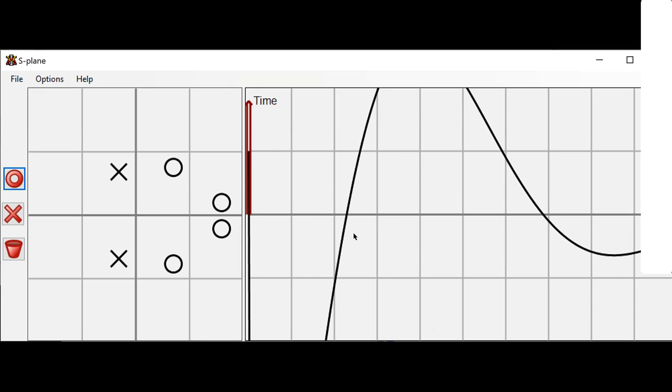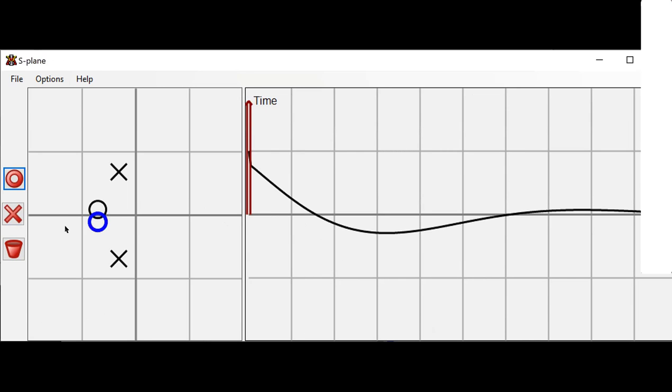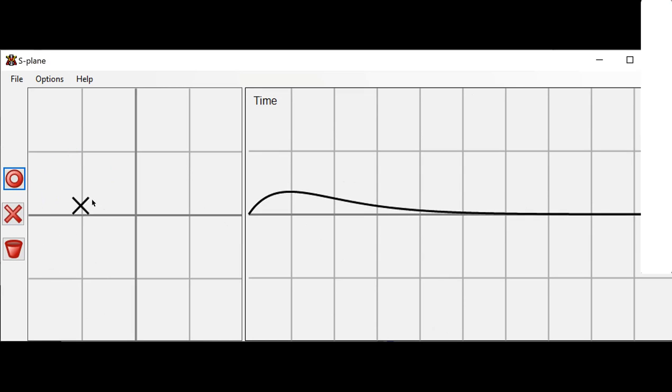Still, it's decaying away. The number and the position of the zeros matter much less. They don't matter at all if it's bipole, don't matter at all if it oscillates or not. They do not control at all how fast it decays. It's all a function of where those poles are. Any questions on that? That was a lot of stuff.